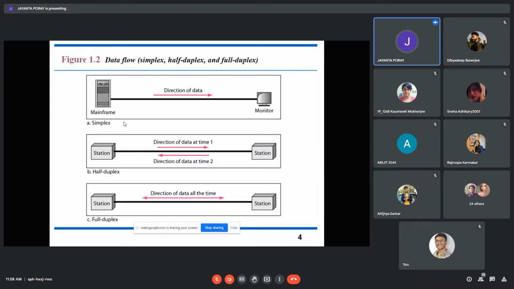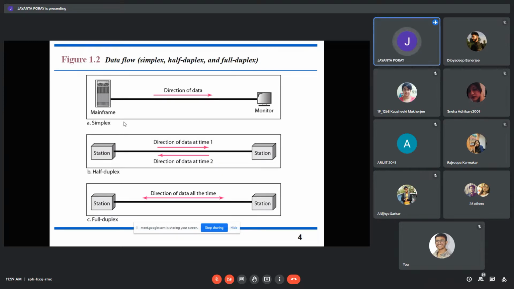For example, consider the connections between the mainframe machine, the IBM mainframe. Maybe you have heard about this IBM mainframe in the 1960s. They made it with a client. In that case, they are giving the information to the client from the mainframe server, and that is a typical example of simplex data flow.